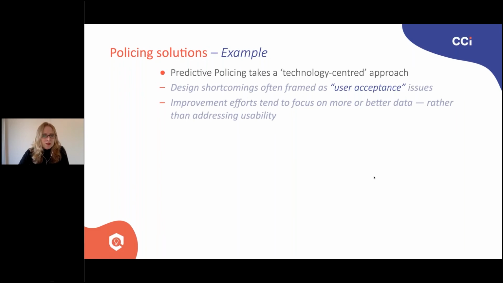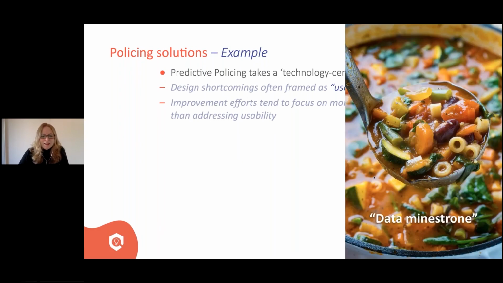What we also noticed was that when it comes to improvement, the focus tended to be on more data rather than on actually addressing some of these usability issues. And we like to liken this to the data minestrone approach, which is where when you want things to be better, you put more in the hope that it will improve the flavour.